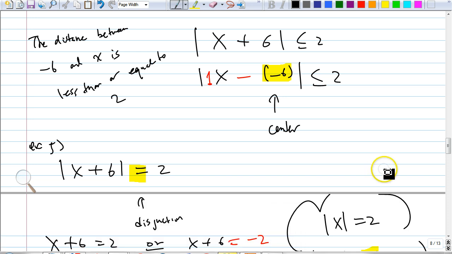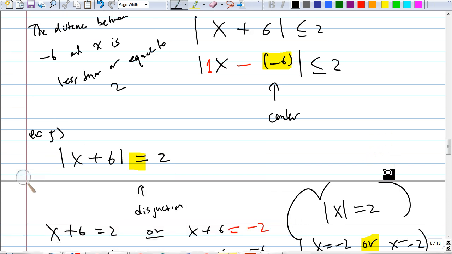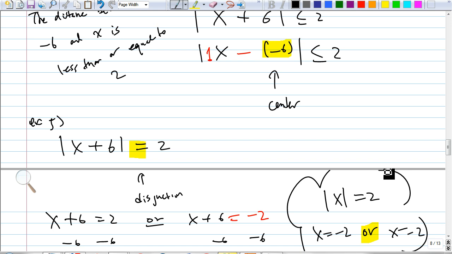Yeah, so that's why it's a disjunction. So it turns out that if you have absolute value equals some number, it is a disjunction. When you have absolute value of x equals 2, you have 2 solutions: -2 or 2.